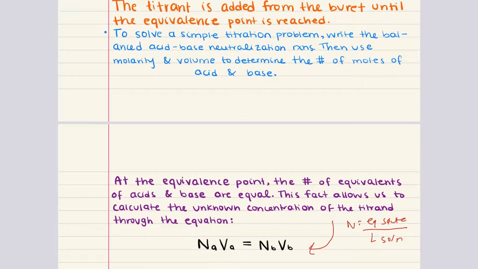Equivalents represent the reactive capacity of a substance, and this is often based on the number of moles of reactive units, like protons, electrons, hydrogen or hydroxide ions, etc., that participate in a reaction. So again, the formula to calculate normality is equivalents of solute divided by volume of solution in liters.